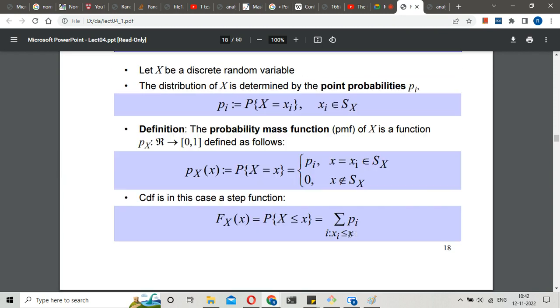And here you are saying less than or equal to xi and summing over all the probability. That is how we define this function of x.